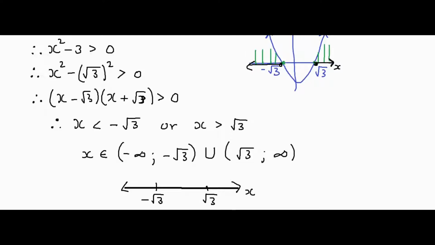So we'll have a line pointing to the right of positive square root 3. But in this case, we don't include positive square root 3. So we have an open circle. We're excluding the square root of 3. And the same with negative the square root of 3. We're excluding it. So we have a line pointing this way.